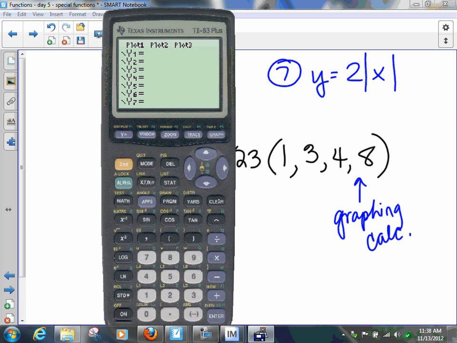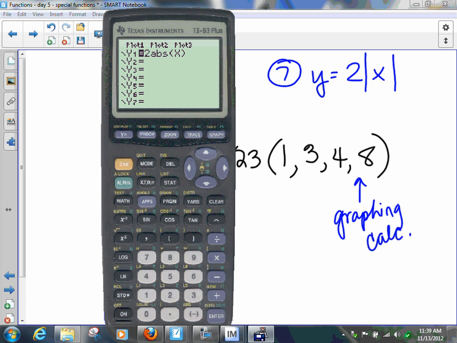Go to math, number, enter for absolute because it's the first option, ABS, X, close the parentheses. You there? No second math, just hit math because you're going to the test menu. Got it? All right, and then hit graph.